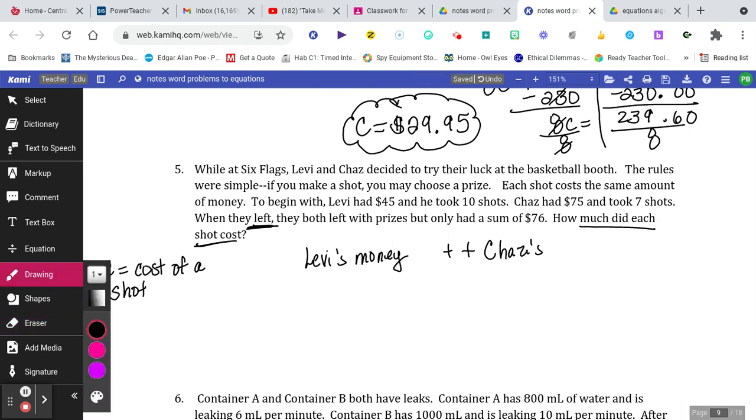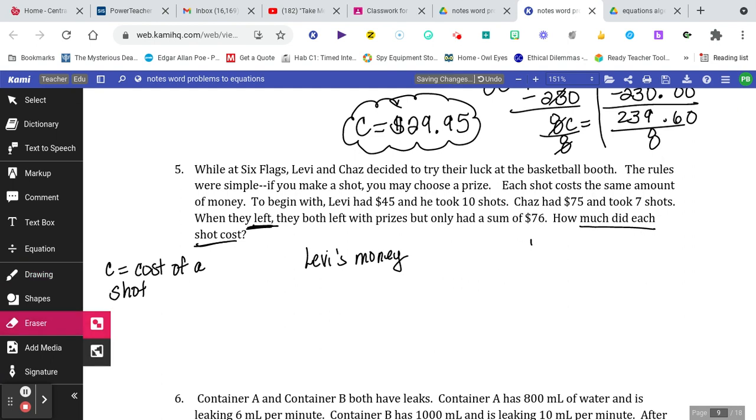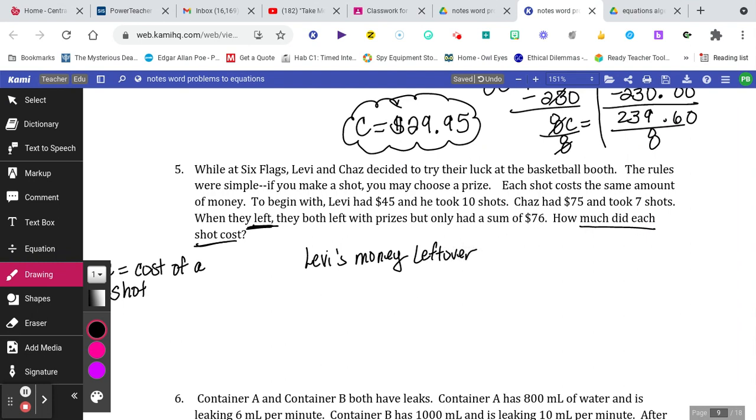So let's say Levi's money left over. So you erase what you have. Levi's money left over plus whatever Chaz's money left over. And that makes more sense.